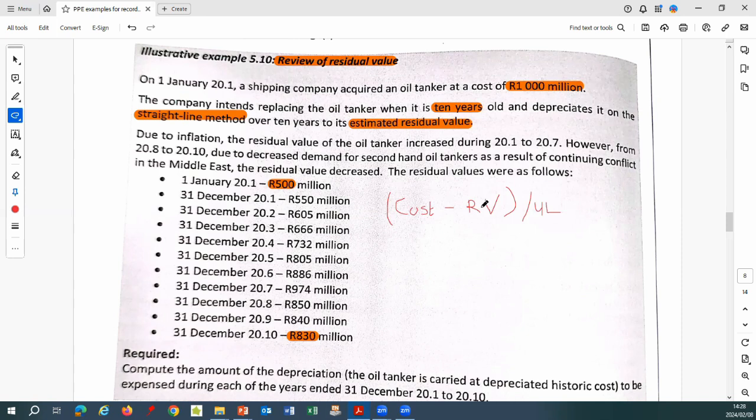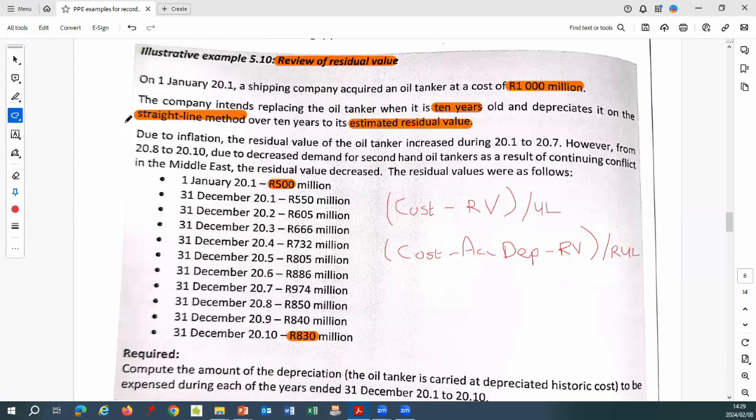If we are wanting to then do it from year 2 onwards, the other approach could be that we take our cost minus our accumulated depreciation, because then we've got our carrying amount, minus the residual value. So we know what portion of our carrying amount can be depreciated, and we're going to divide that by our remaining useful life.